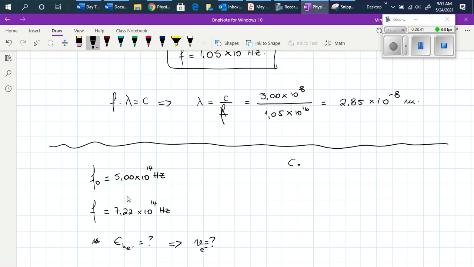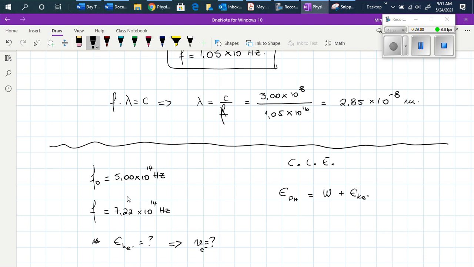Again, the photoelectric effect is explained with the principle of conservation of energy, which says that the energy of the photon is equal to the work function plus the kinetic energy of the electron. One thing that we have to emphasize here is that photons and electrons have a very unique relationship.